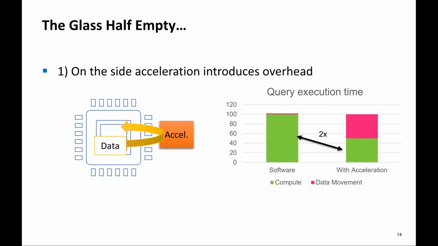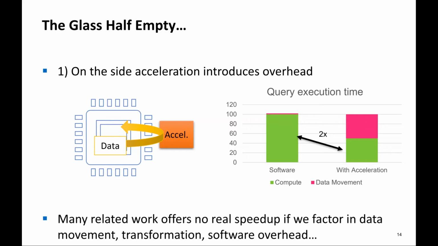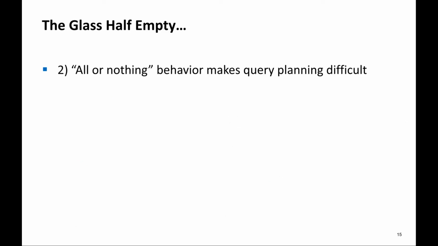Data movement becomes an additional cost, and this ends up not really offering a real speedup. I think you all read these papers where the accelerator looks amazing, but if you really look at the query from beginning to end, it doesn't quite add up. So that's a bummer.